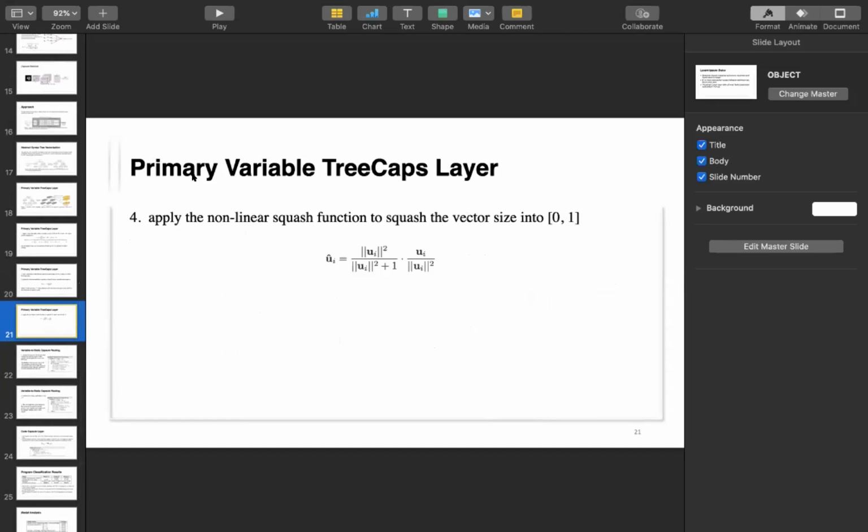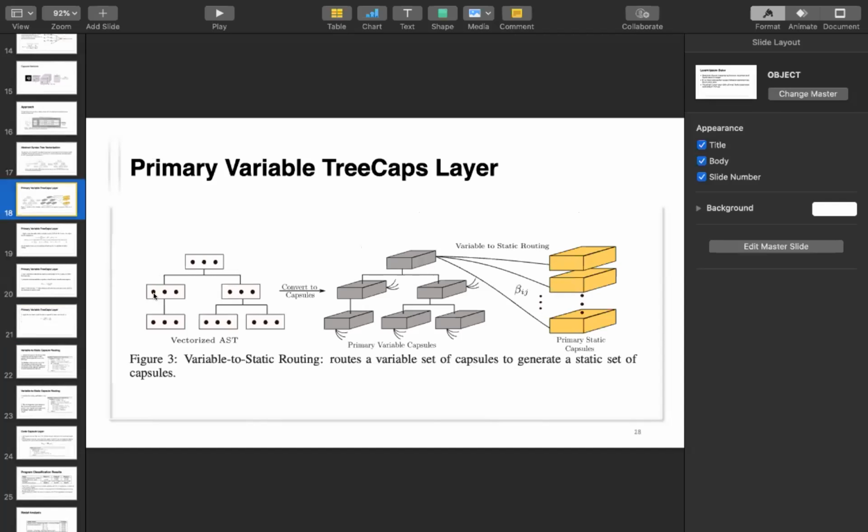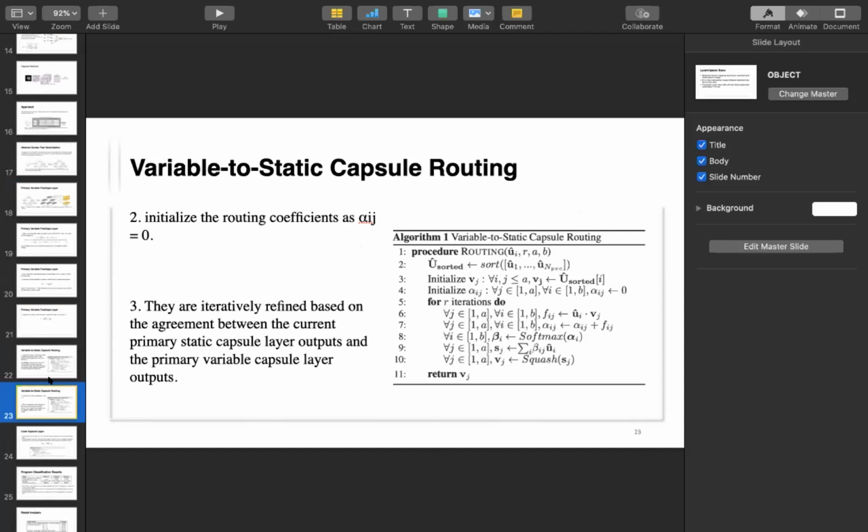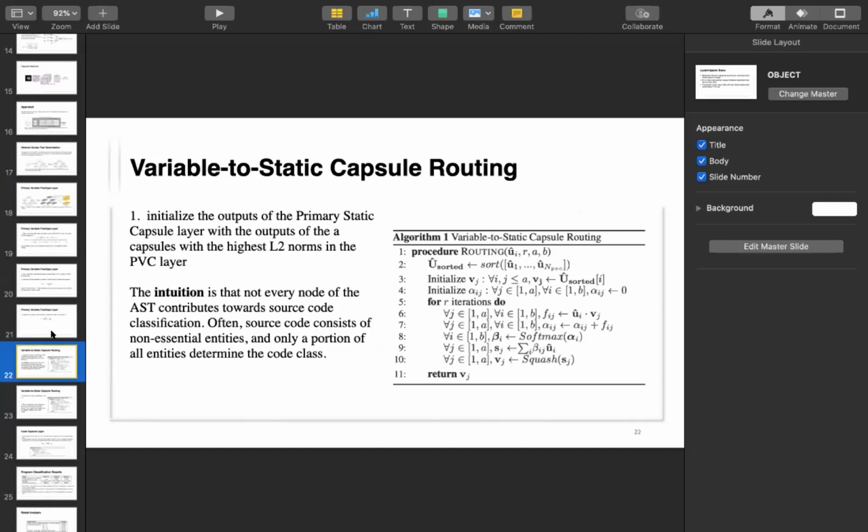So this is what the primary variable TreeCaps layer does, and why it is called the variable TreeCaps layer: the size of the AST tree will vary from example to example, and so the number of capsules in this layer will also vary.